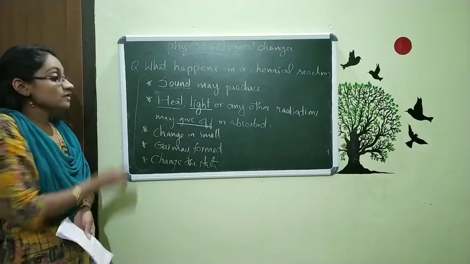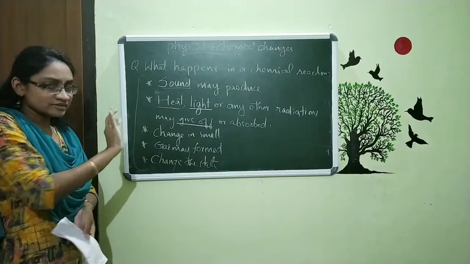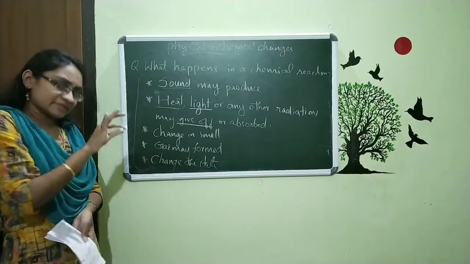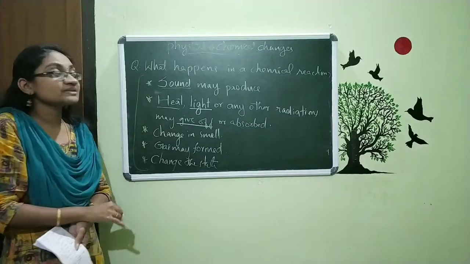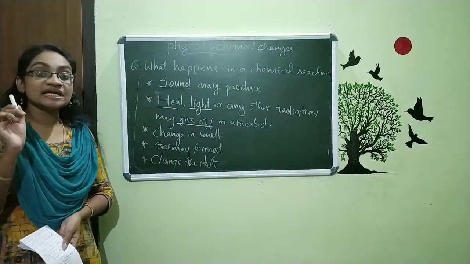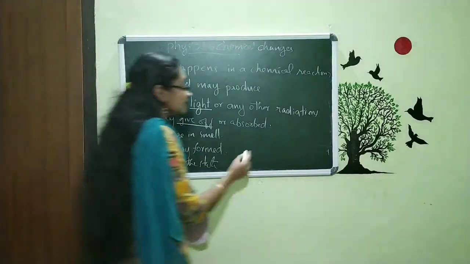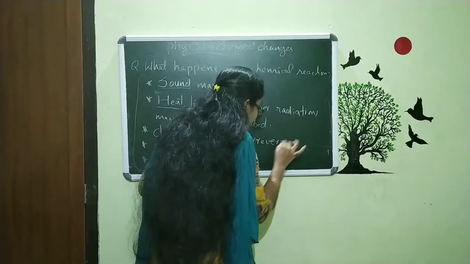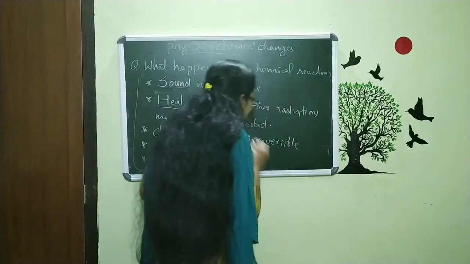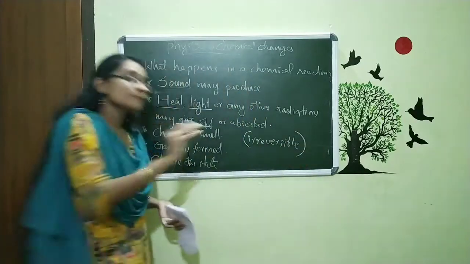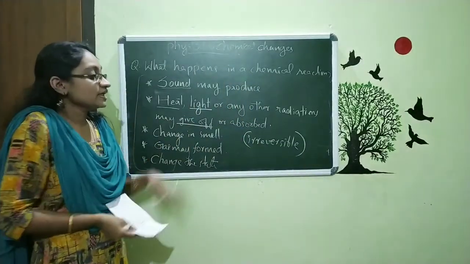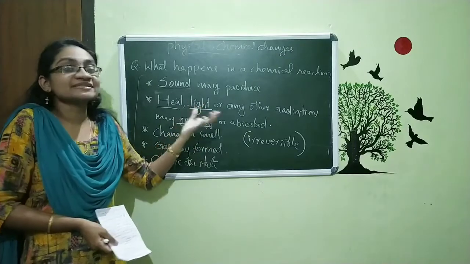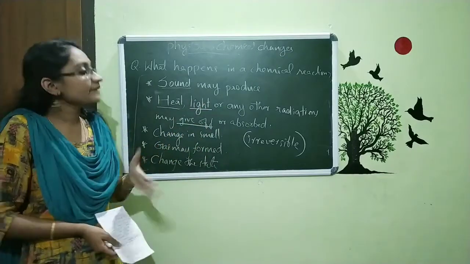I am not saying that all of them definitely occur, sometimes some of them will occur. And of course it will be a non-reversible or irreversible process. That means it is not possible to reverse, not possible to go back to its initial stage. That is what a chemical reaction is.